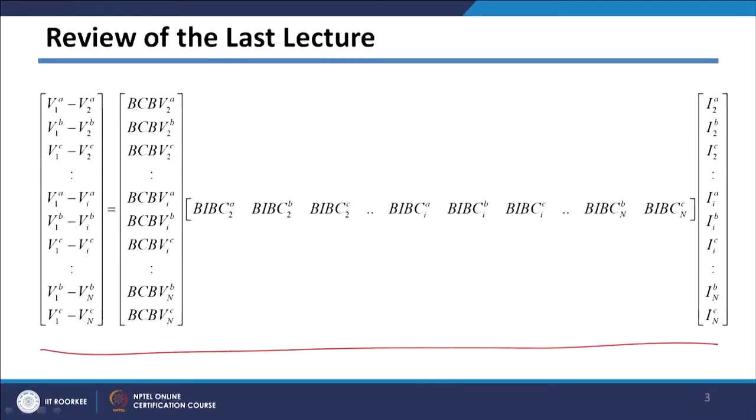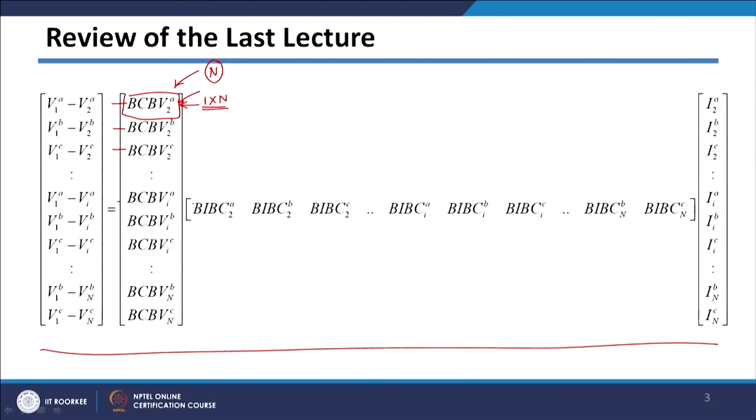If there are n unknown nodes in your system, all the 3 phase nodes considered together, then BCBV will have n rows, and each row will be of size 1 by n: one row and n columns.